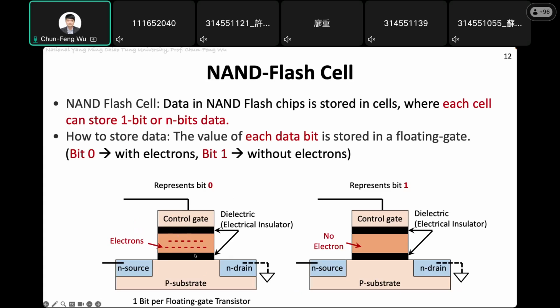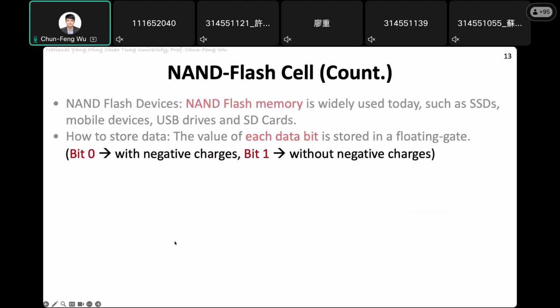If one day this dielectric becomes too thin, it loses the capability to capture the electrons inside the floating gate. It means the cell cannot be used, because the electrons cannot be captured inside and will flee off. If it is too thin, it is not able to capture those electrons. This is called wear out, because it wears out the dielectric.